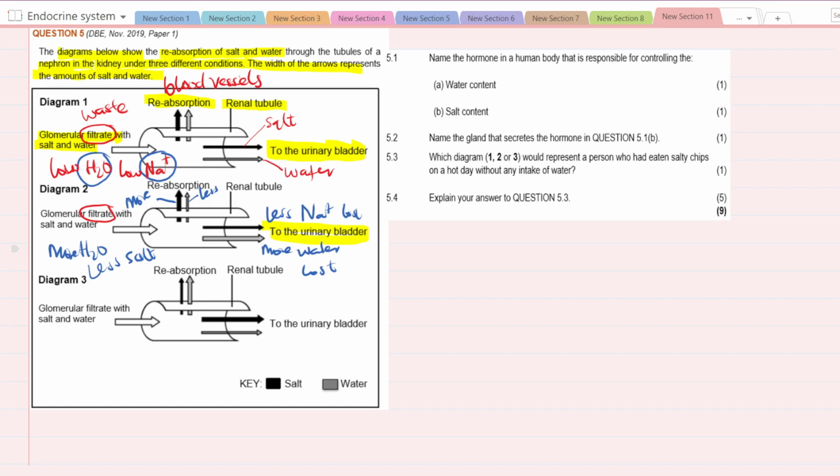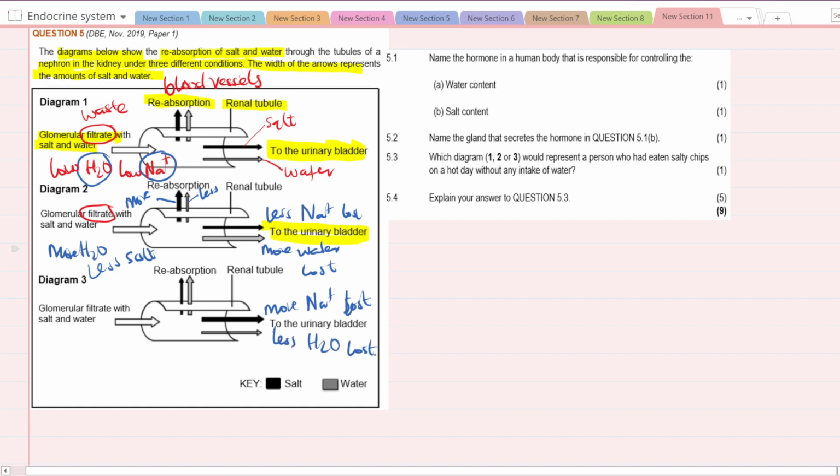Then another one here, the opposite of what we did up there, whereby you have more salt being lost, and less H2O lost through the urethra or the bladder, out of the body.